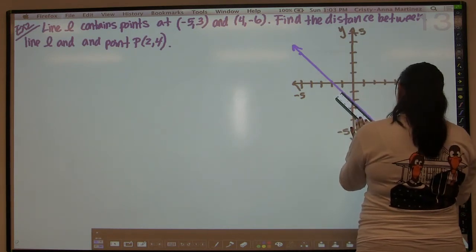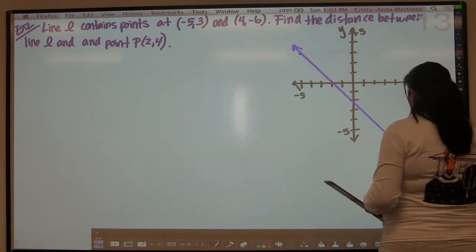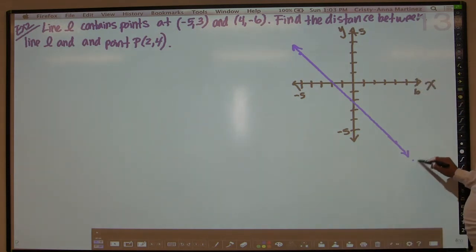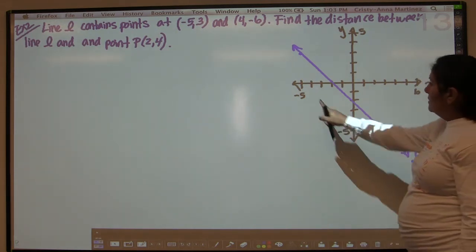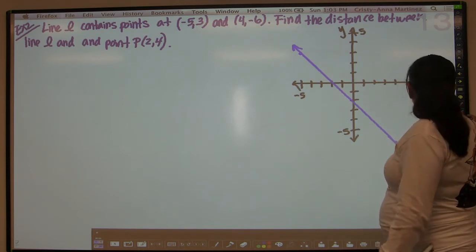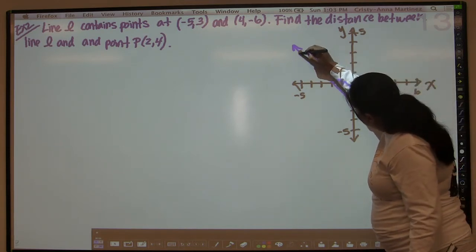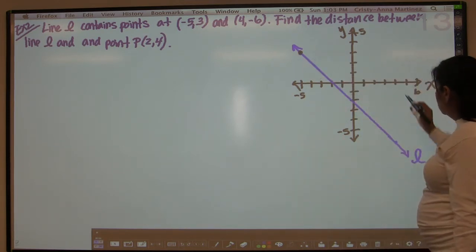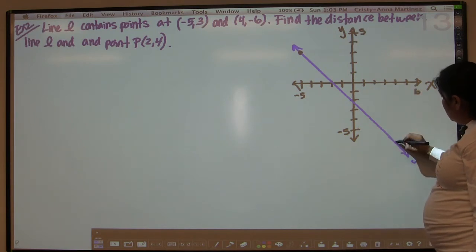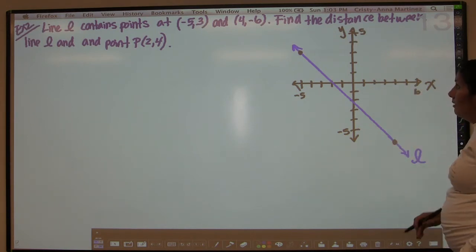Excuse me, sorry that I'm a little bit under the weather here. So there's my line. This is line L. Line L contains (-5, 3), right there, and also (4, -6), roughly right about there.